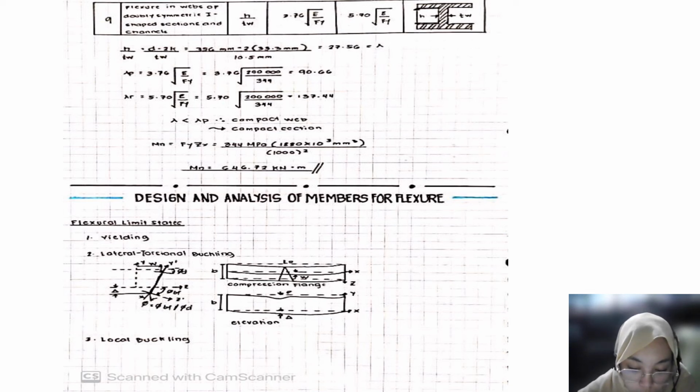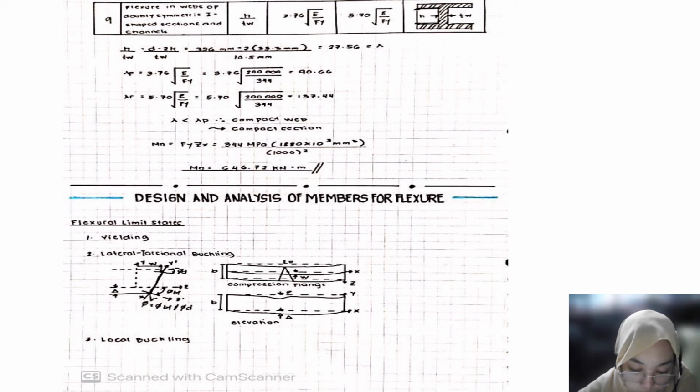Ang makuha natin ay 90.66. And lambda r is 5.70 from the table, yung formula natin ay square root E over Fy. 5.70 square root of 200,000 over 344, and the answer is 137.44. So since the lambda ay less than siya sa lambda p, this is a compact web.